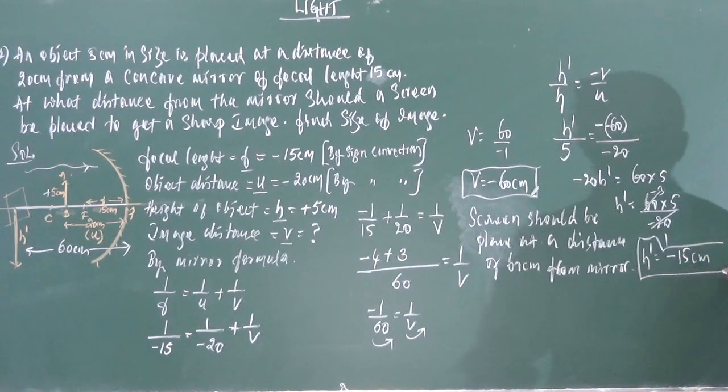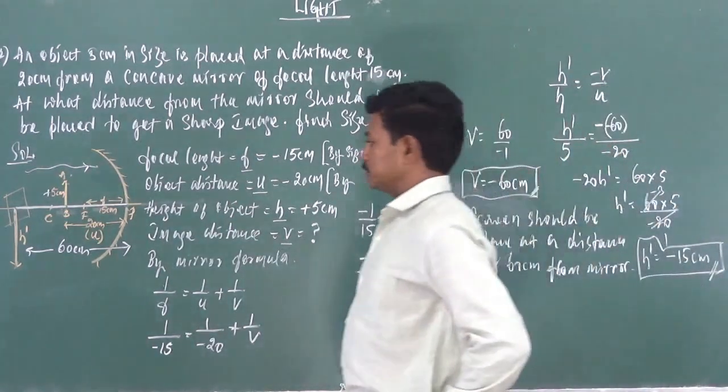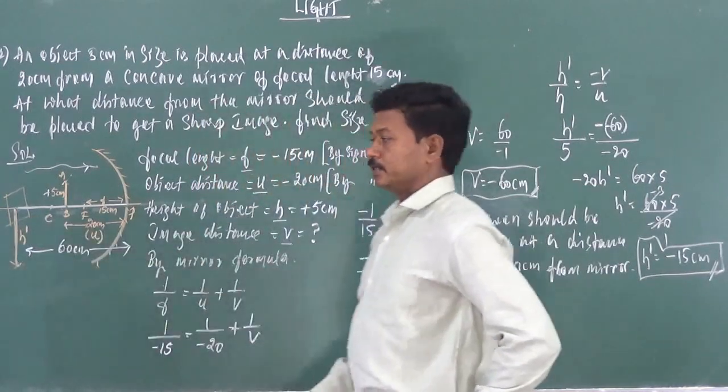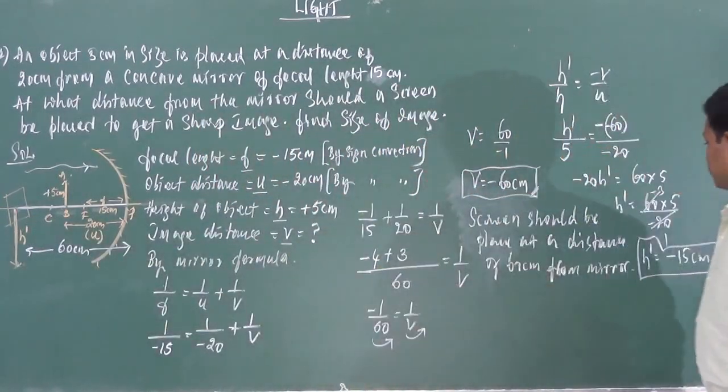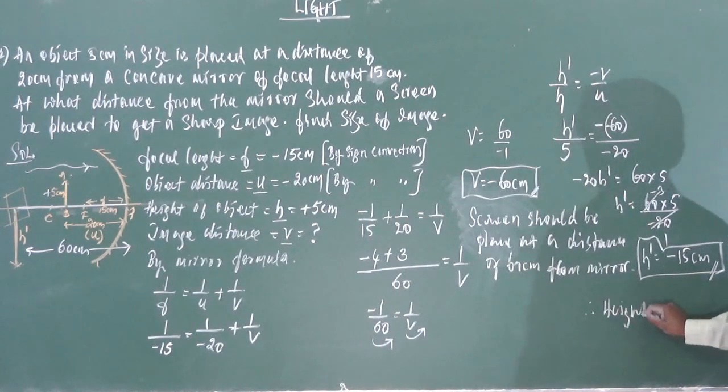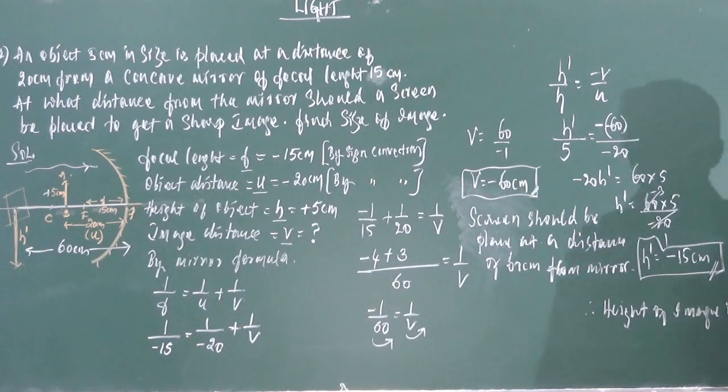Here minus 15 centimeters indicates that the image is a real image, because it is found below the principal axis. So the height of the image is minus 15 centimeters, that is 15 centimeters.